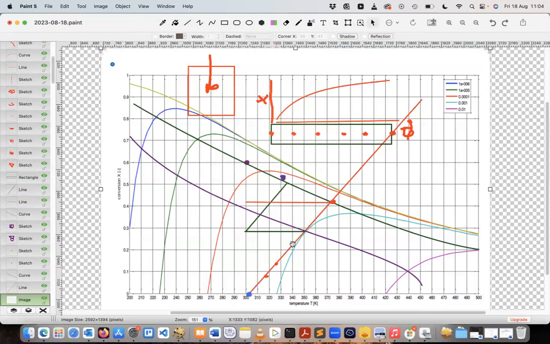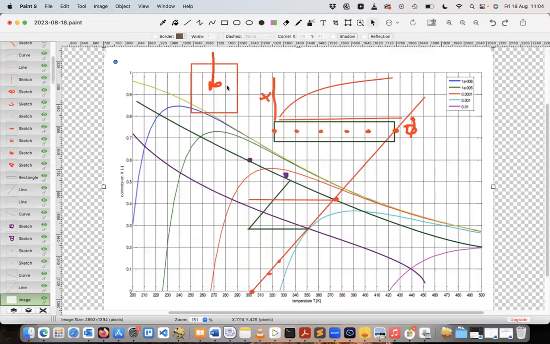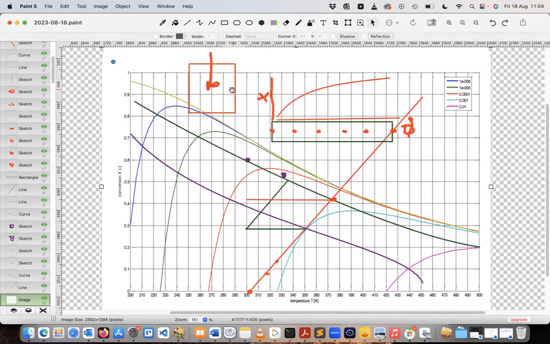You can let it react. And the way you would do that in one reactor is by installing a cooling unit. So let's say this was a cooling coil.